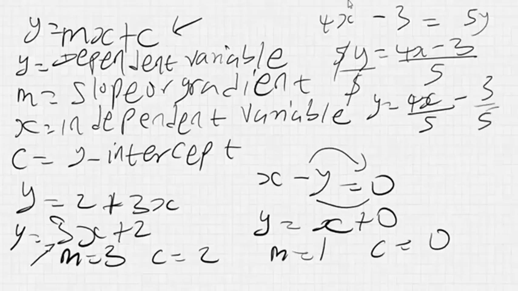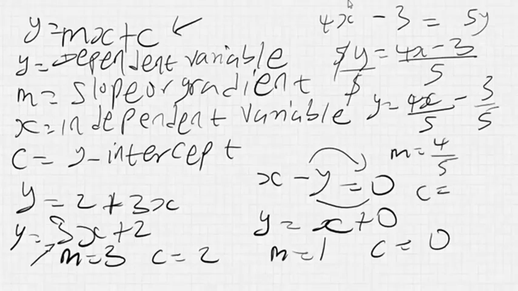From this, we can deduce that our m will be 4 over 5, whereas our c will be negative 3 over 5. That's what's happening there.